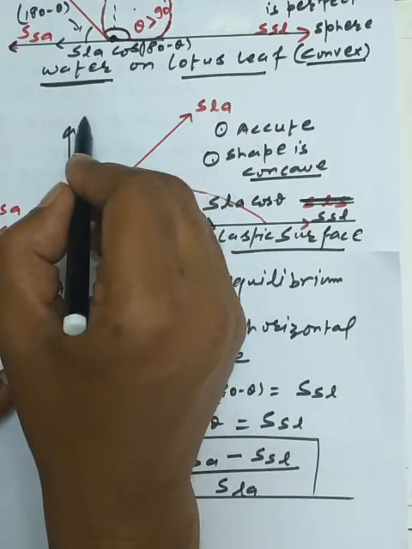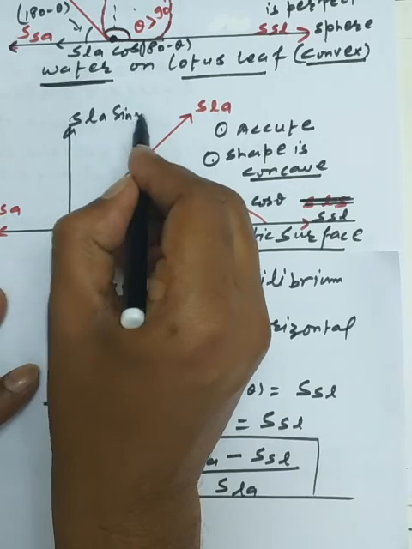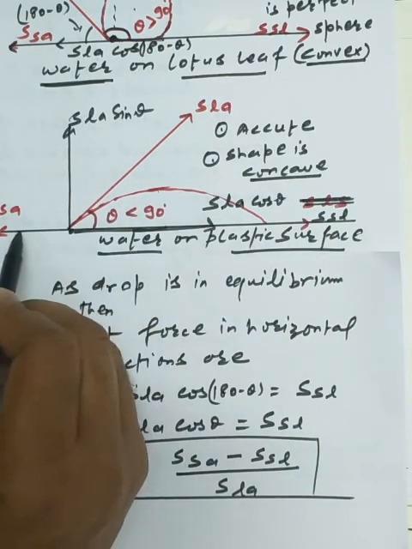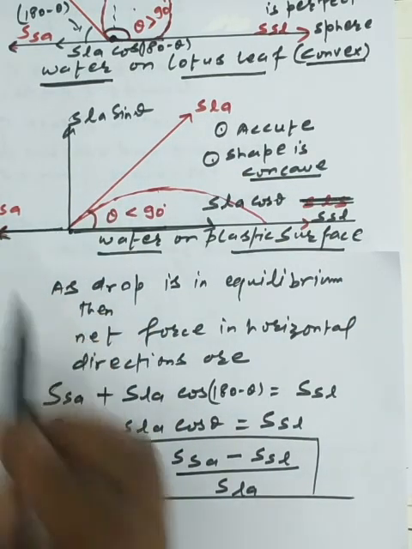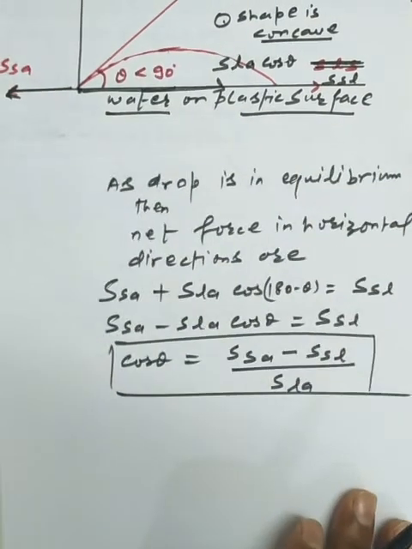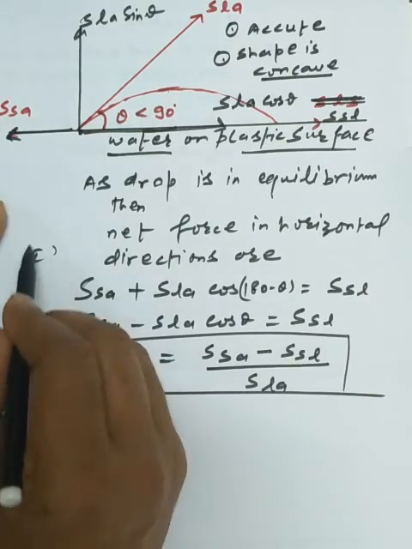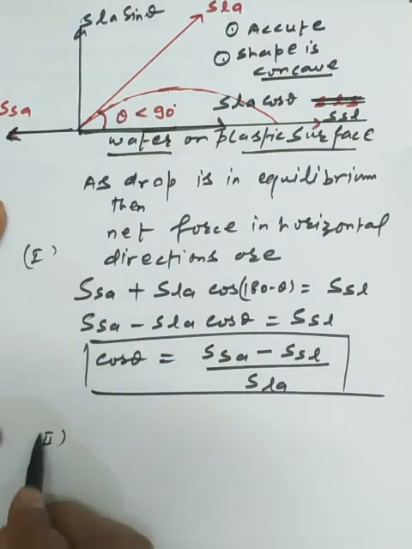The calculation comes out in the same manner. So this is the calculation from the diagram, and there is another calculation we can do.